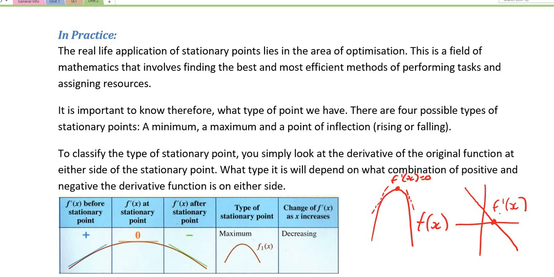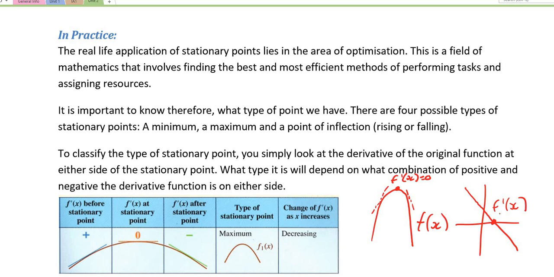Let's say this is my function, right? You see it approximately there is my turning point. So I know the derivative at that point is 0. I'll use a different color for the derivative. Now, before this point, the slope of my function is going up.